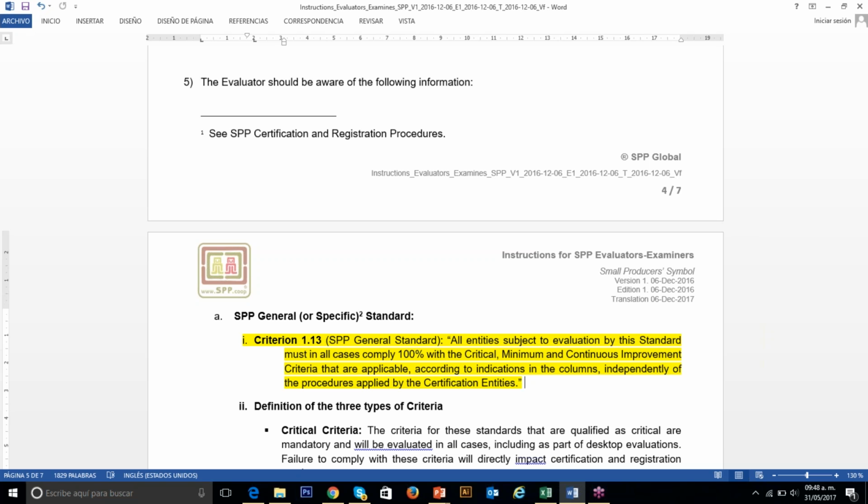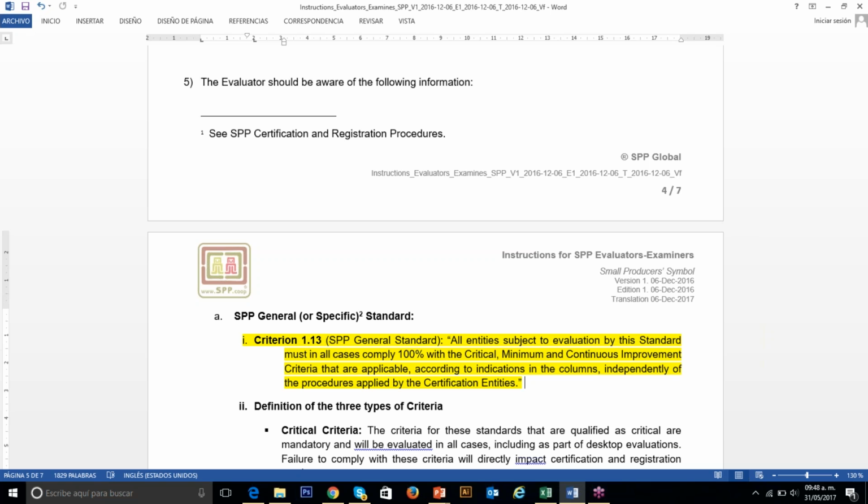It means that it doesn't matter if in a specific year a complete procedure or a document-based procedure, in which only critical criteria are evaluated, has to be conducted.